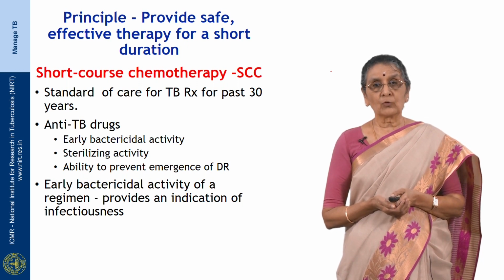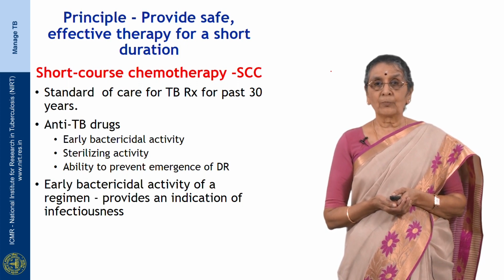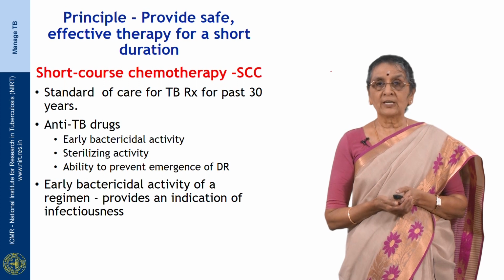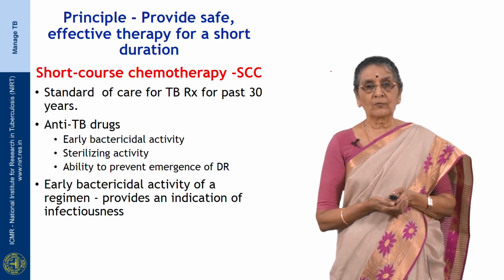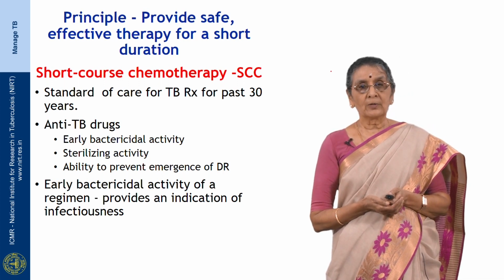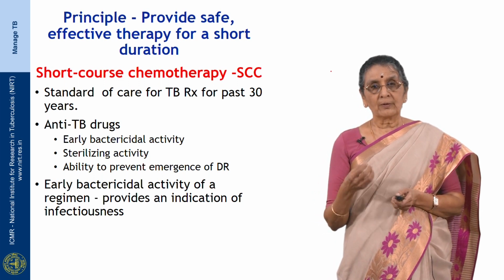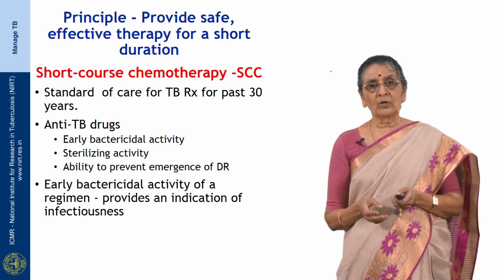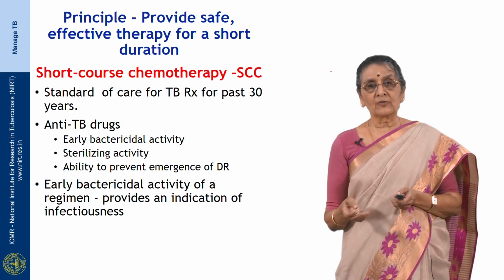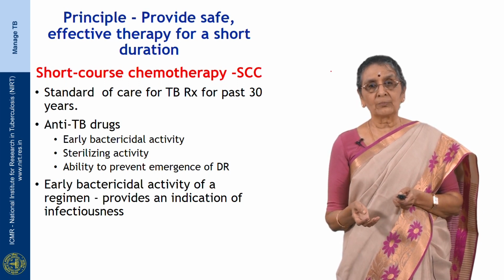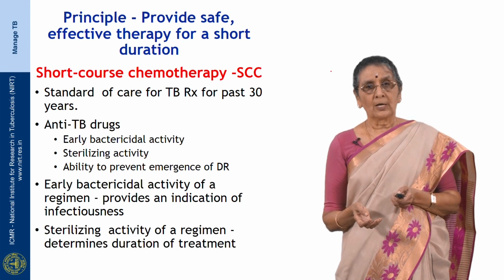Now this group of drugs exhibit 3 important activities: 1, early bactericidal; 2, sterilizing activity; and 3, ability to prevent emergence of drug resistance. Now early bactericidal activity of a regimen provides early kill, and patient becomes non-infectious, and smear and culture become negative in more than 90% within 2 months.